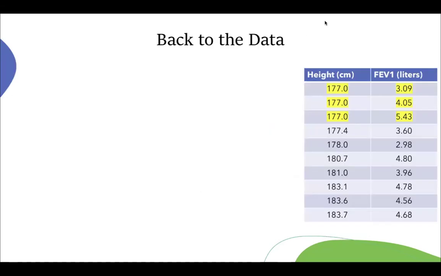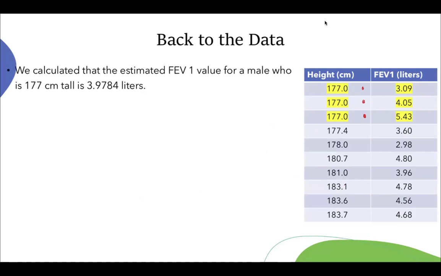Okay, so let's go back to the data. We made a prediction for a male who was 177 centimeters tall based on our linear equation. But if you take a look at the data, we have 3 males in our sample who are all 177 centimeters tall, but none of them have exactly the same FEV1 value as the prediction we made when we plugged into our equation.